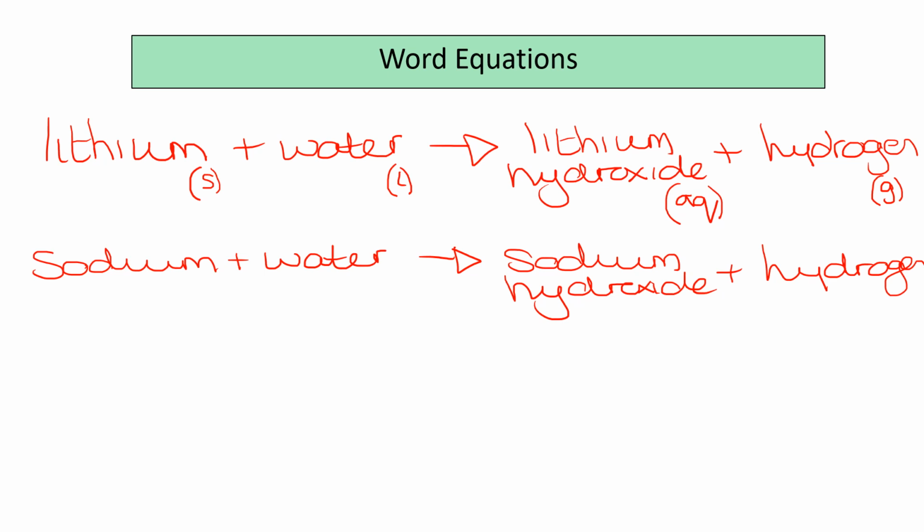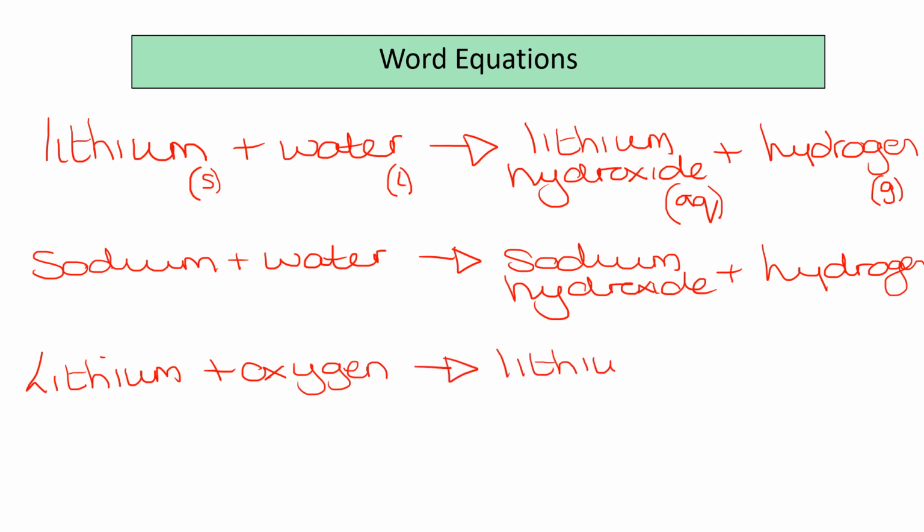With the reactions with oxygen, let's take lithium for example. When exposed to the air, lithium will react with the oxygen to produce lithium oxide, which was the black layer found on the outside. We could also put on state symbols for this. Lithium is in a solid state, so we get an s.